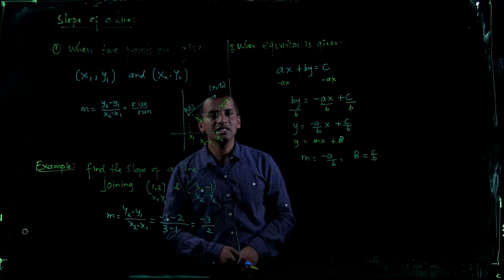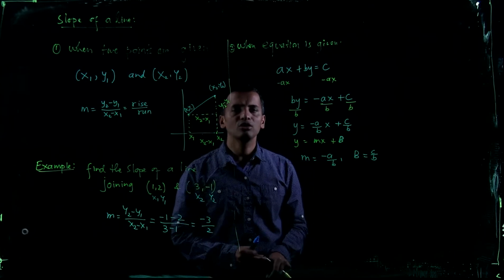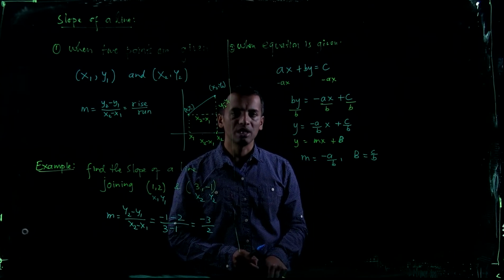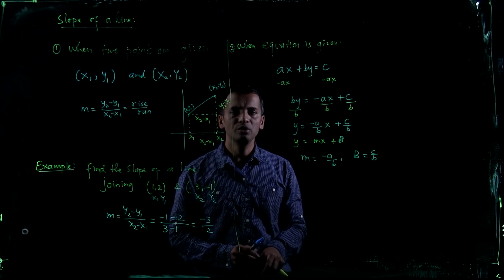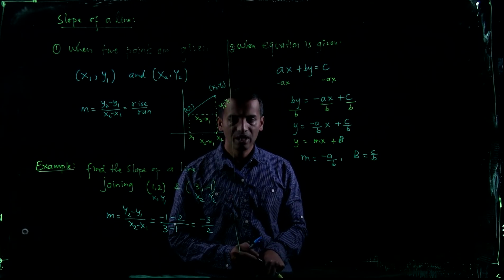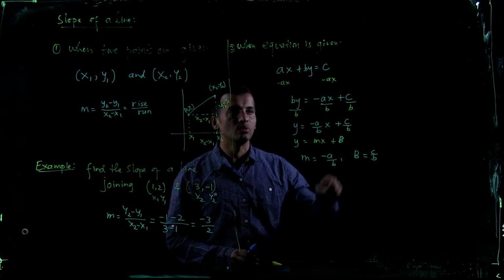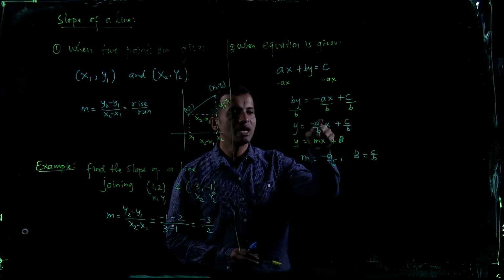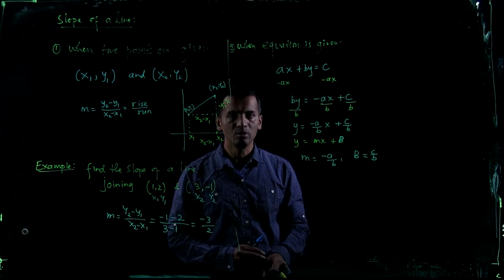So the basic idea is, if an equation is given, then to find the slope, or the slope and y-intercept, we solve for y, and then the number that multiplies x is the slope. In this case the slope is negative a over b.